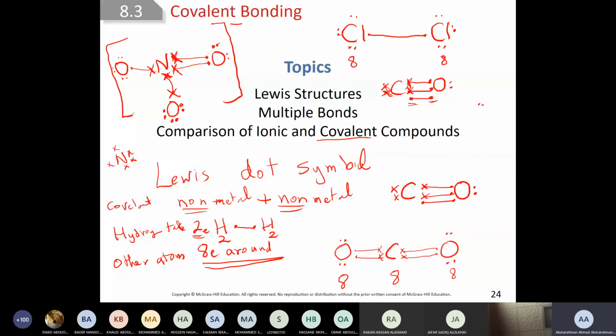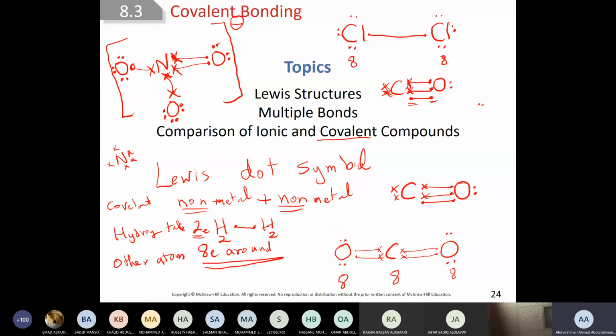So everything's okay. How about this oxygen here? We have 1, 2, 3, 4, 5, and 6. How about this electron? From where do we bring this electron then? From the minus charge. And that's why I put it as a circle so that it's different than the other ones.